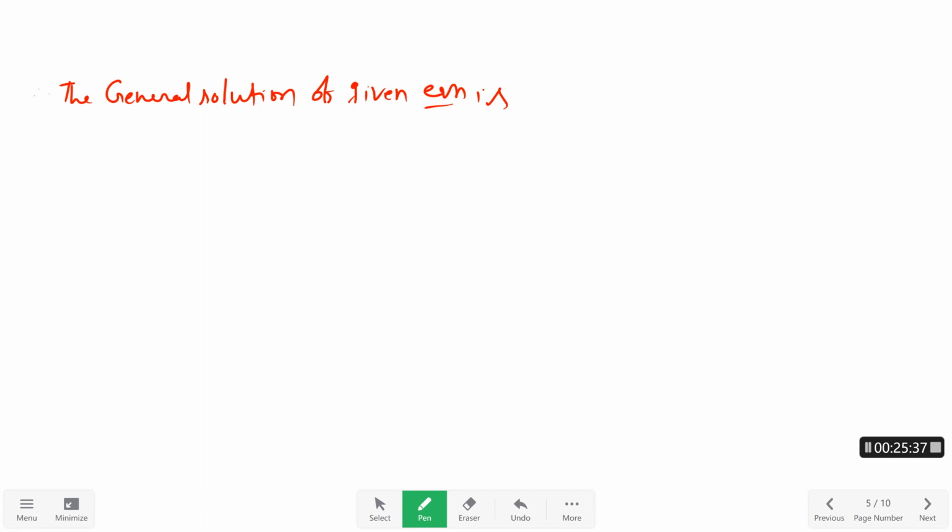Here finally we can write down the general solution of the given equation. So the general solution is y is equal to the CF value, C1 into e to the power of 2z, which means e to the power of z whole square, plus C2 into e to the power of 3z, which means e to the power of z whole cube, minus z into e to the power of 2z, which can be written as e to the power of z whole square.